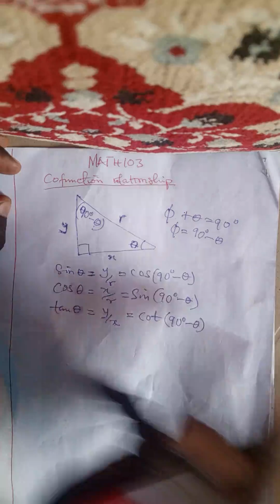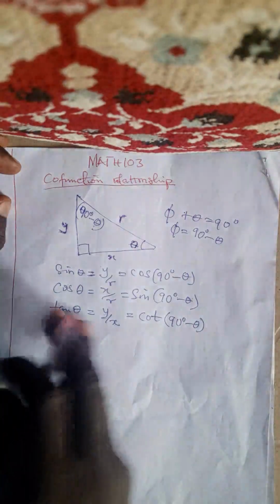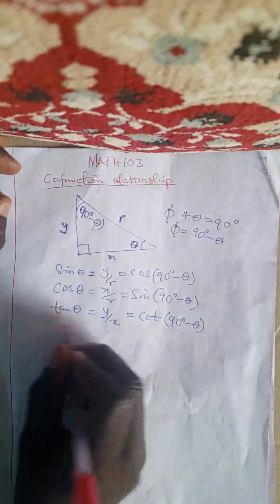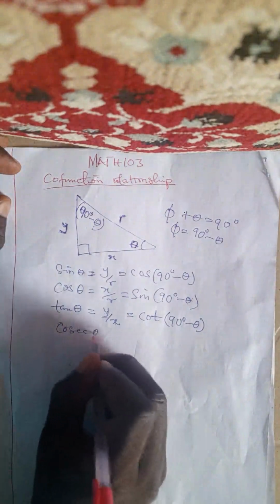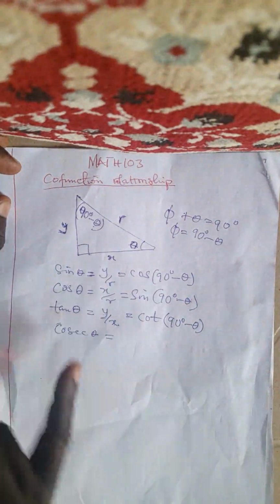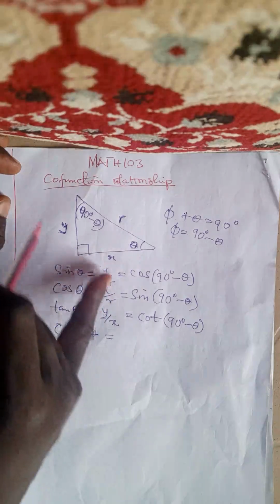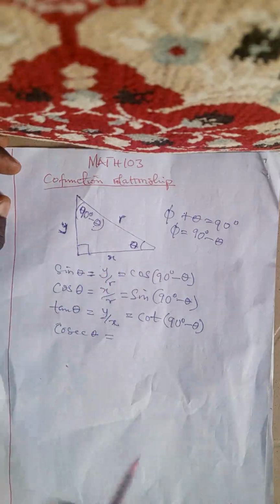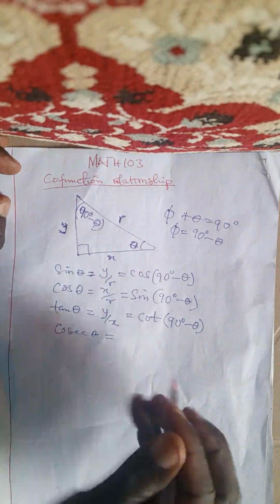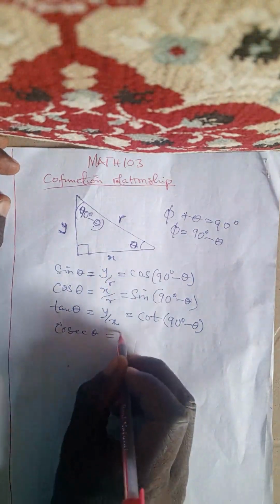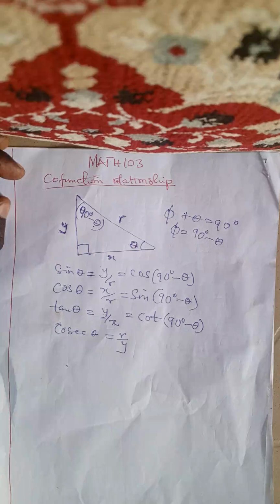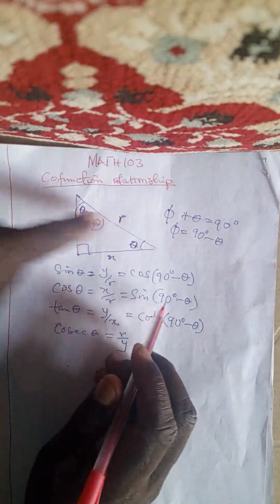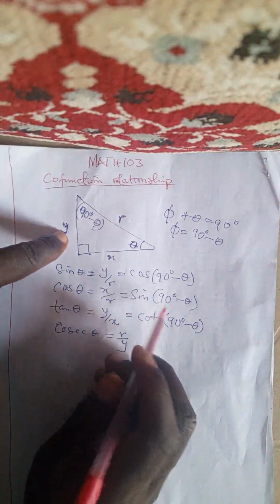Similarly, the other three trigonometrical ratios will follow immediately, such as cosec theta. What is cosec theta? It is the reciprocal of sine. So cosec theta is going to be r over y. But what is r over y in terms of 90 minus theta?